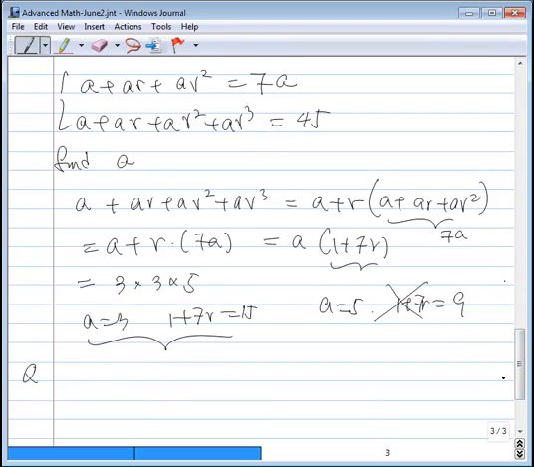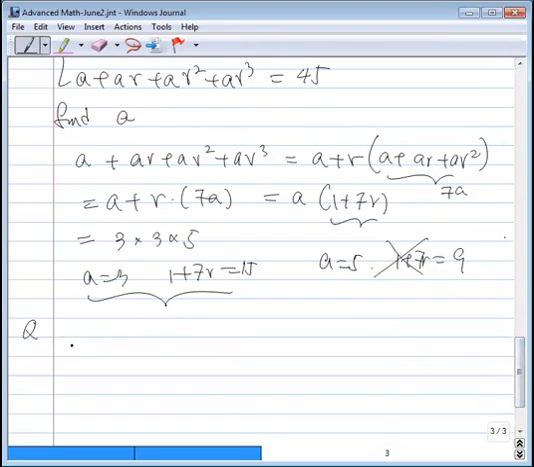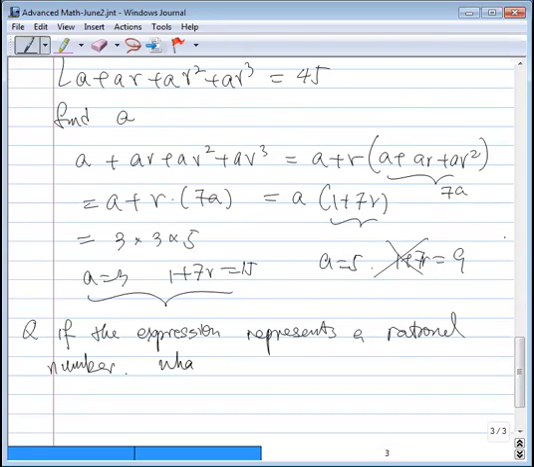All right. So the next problem I want to talk about is: if the following expression represents a rational number, what is the smallest possible value of n?